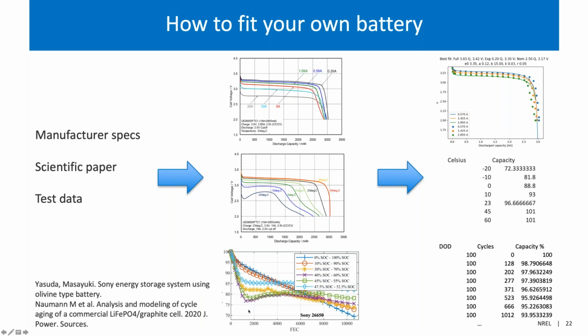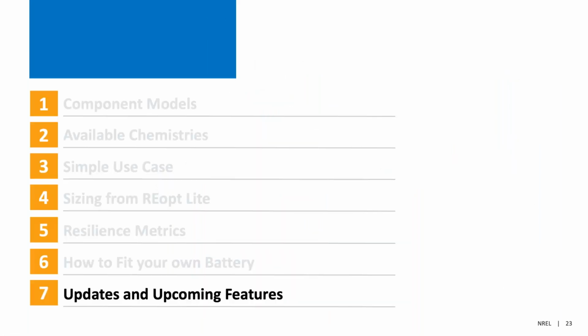And lifetime test models can also be used to fit the cycle lookup table. So in the interest of time, I won't go into this slide so that we can just do our last section of the updates and upcoming features to the battery model.